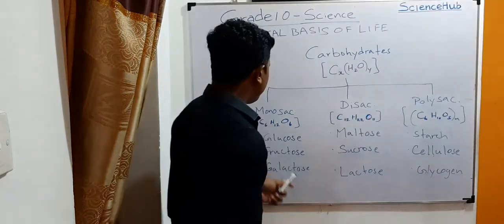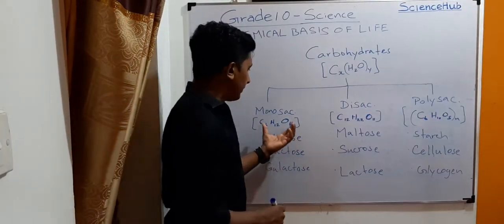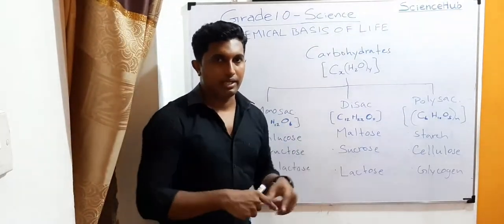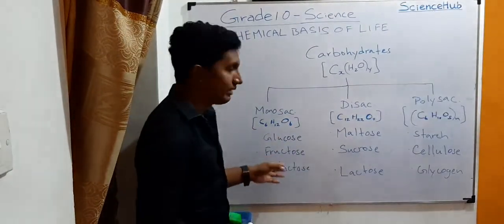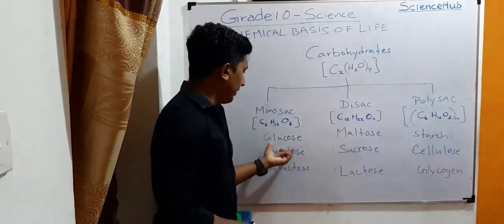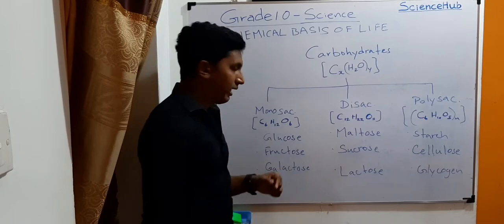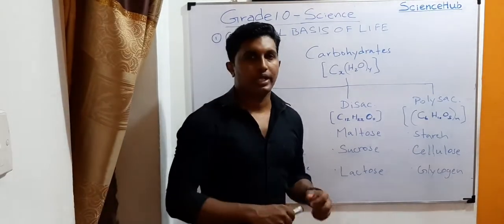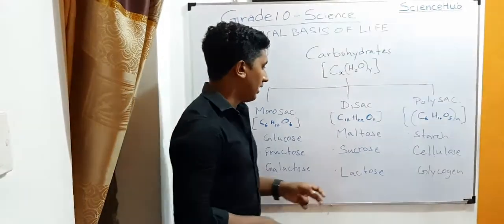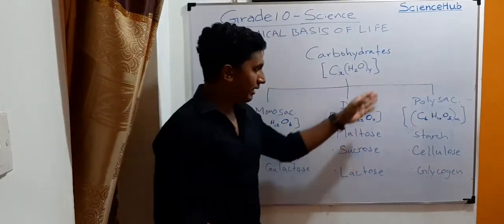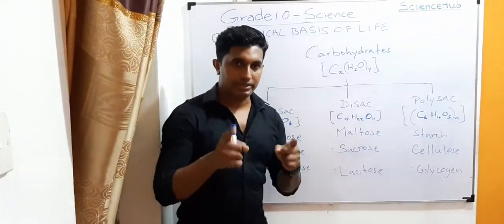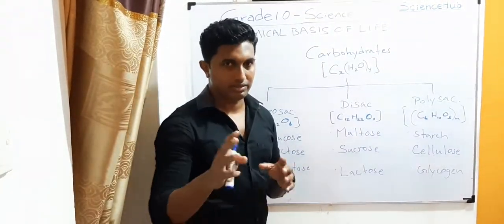Okay, then when we consider monosaccharides, your book has a table for these three subcategories. It mentions glucose, fructose, and galactose in detail, and you can pay attention to those parts. For the disaccharides and polysaccharides there are also tables in your book, and you can see those tables for further details.